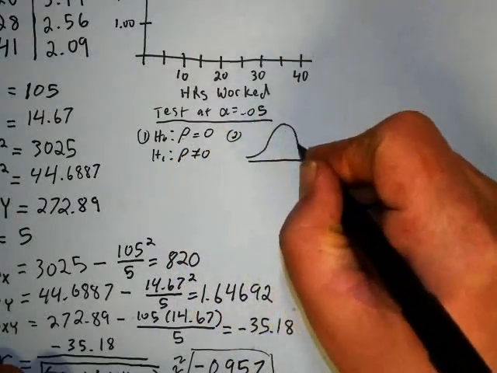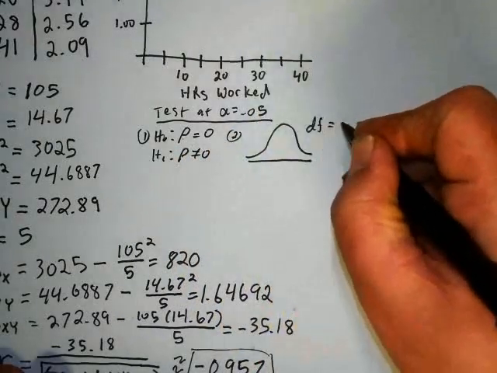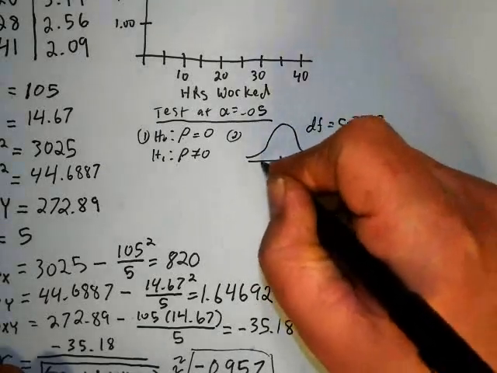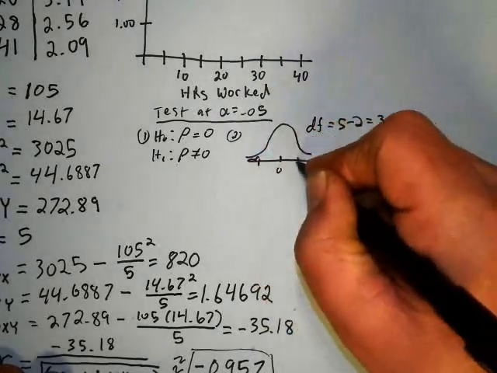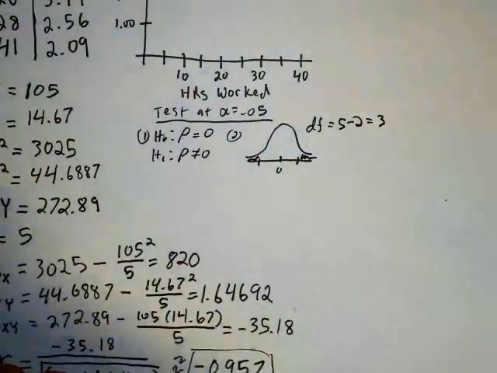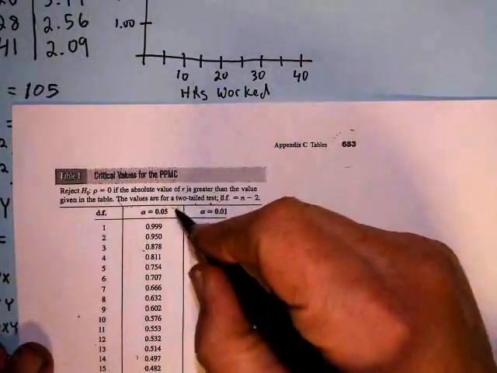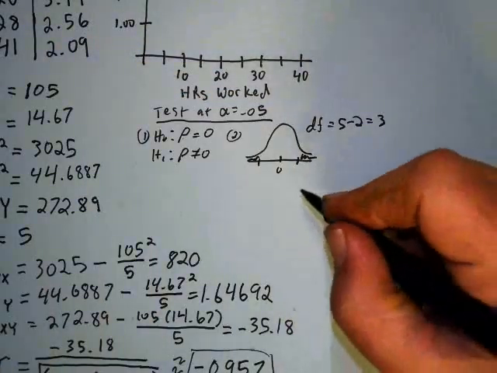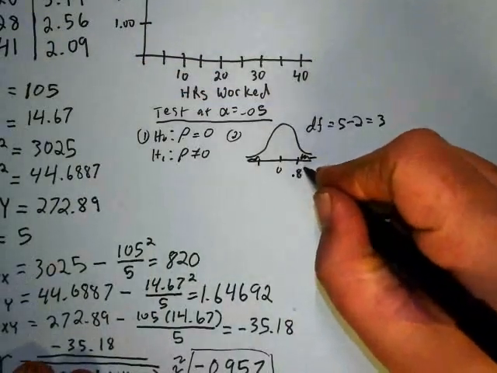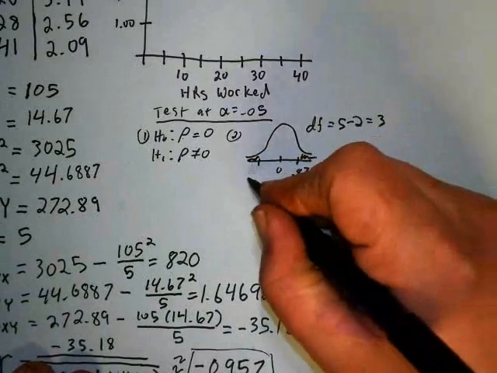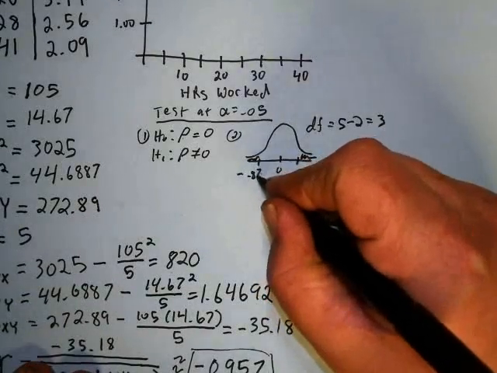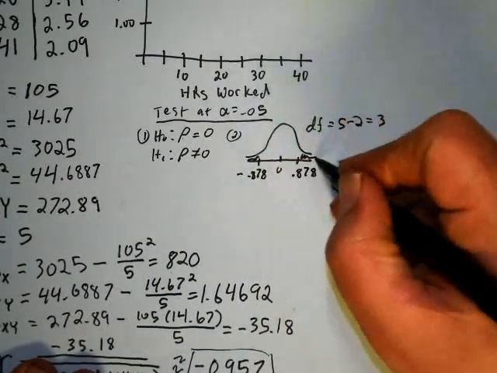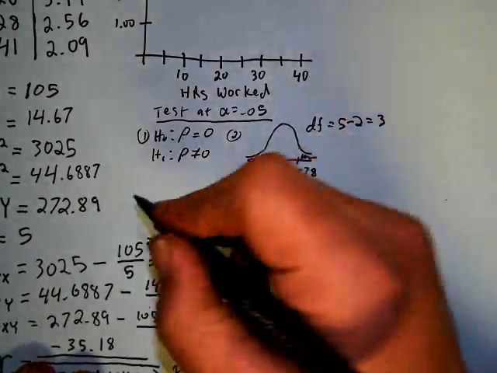And then my degrees of freedom here is 5 minus 2, which is 3. And so if I go to my table, I go to 0.05, 3 degrees of freedom, I get 0.878. So this would be 0.878. This would be negative 0.878. And so over here and over there would be reject H naught.